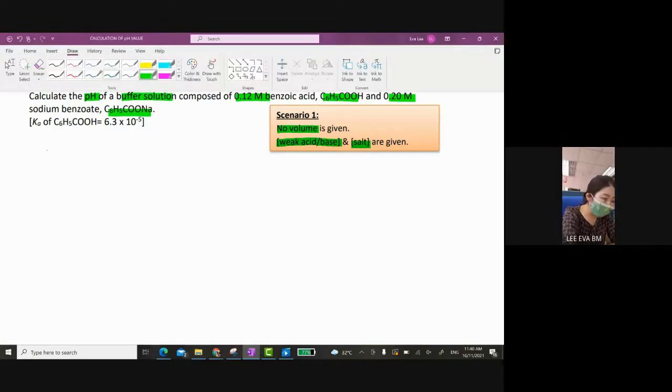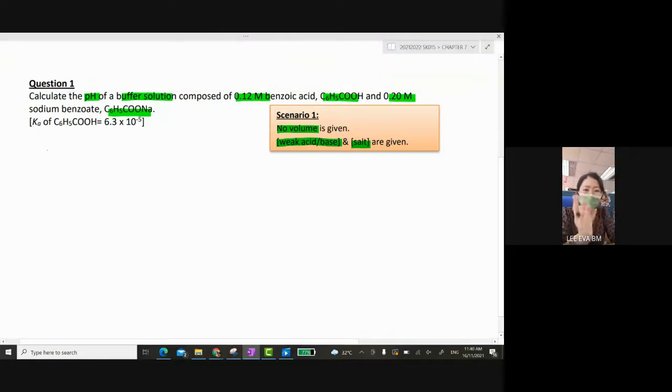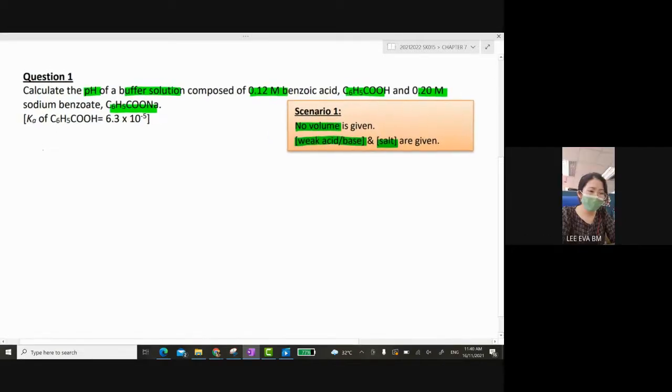Calculate the pH of a buffer solution composed of 0.12 M benzoic acid and 0.20 M sodium benzoate, and you are given the Ka value. So let me know, is this an acidic buffer solution or a basic buffer? Acidic. Why is it acidic?